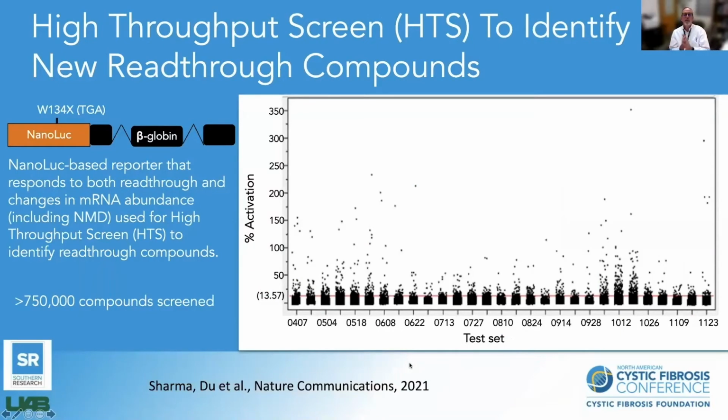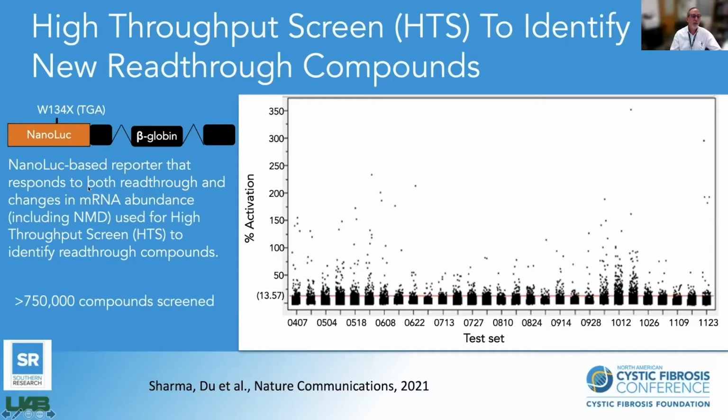All right, so what we did was a high throughput screening of over 750,000 compounds. This was done in collaboration with the Roe Lab and Southern Research. We used a NanoLuc-based reporter that has a premature stop mutation, a UGA in the NanoLuc gene, fused to beta globin, which has introns, which makes it susceptible to NMD.